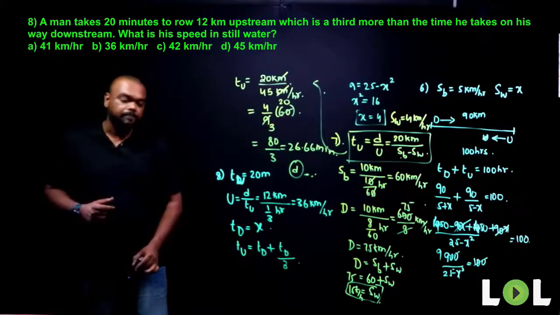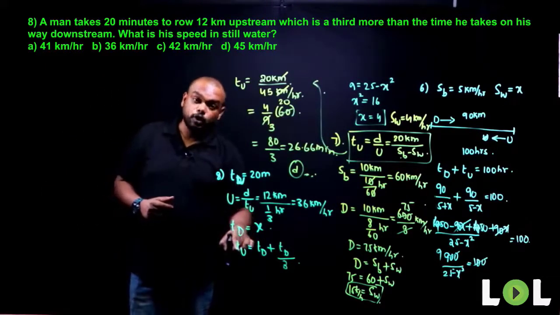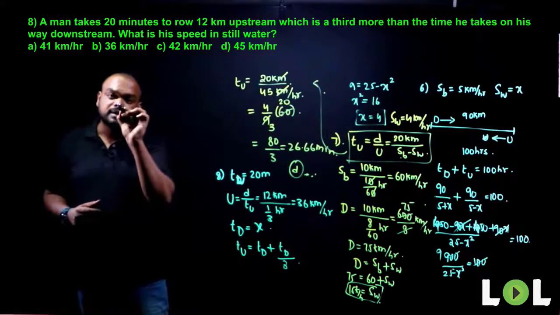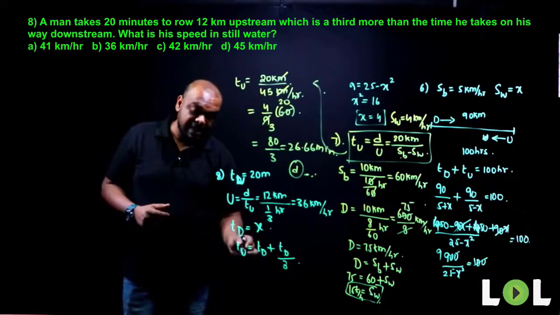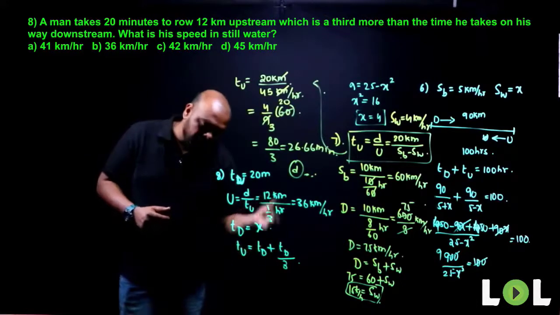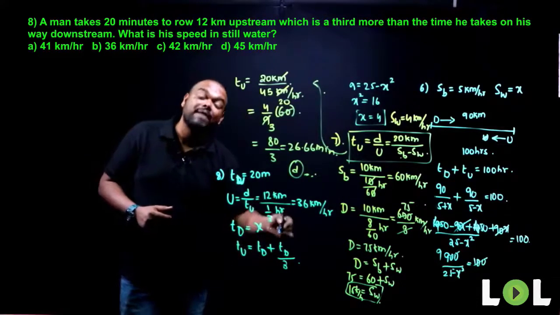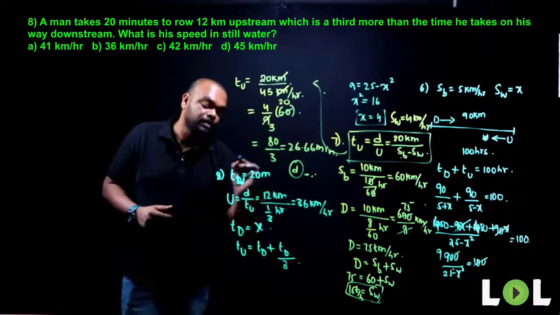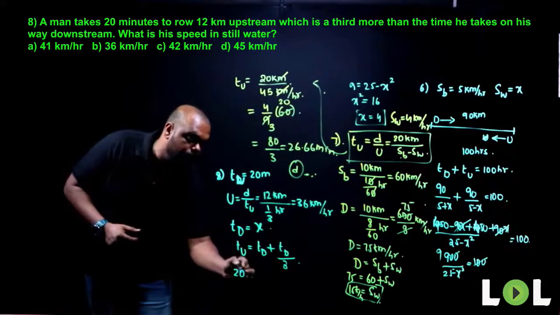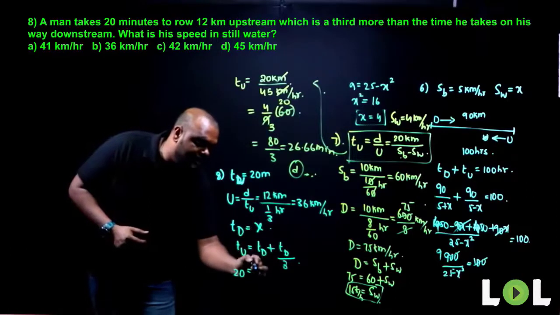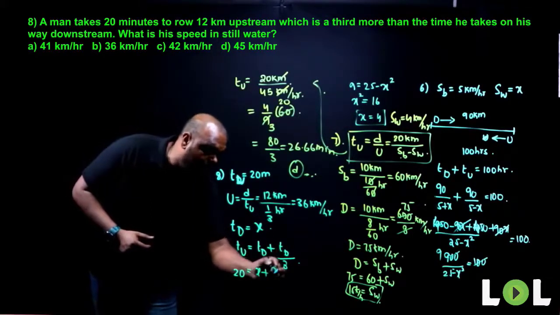I'm repeating. Time taken during upstream is equal to time taken during downstream plus 1/3 of time taken during downstream, that is TD by 3. This we know is given in the question, that is 20 minutes. That is equal to TD, we consider it as X, plus X by 3.